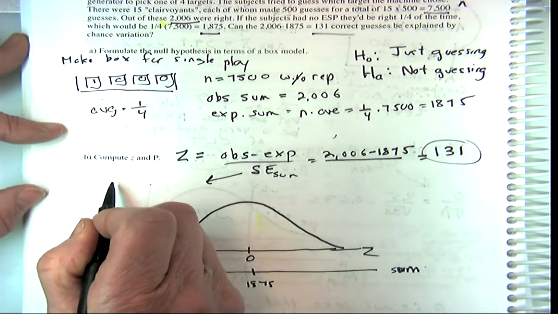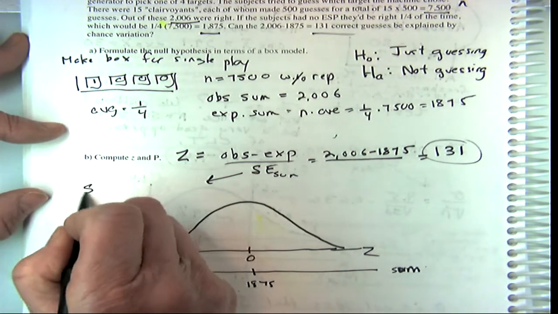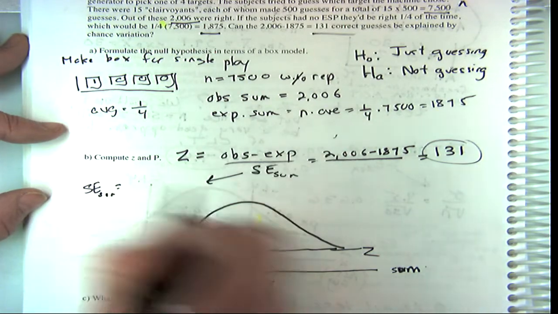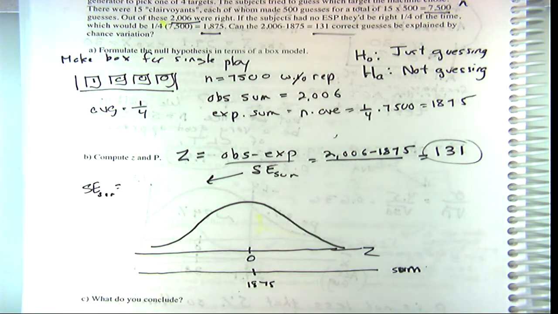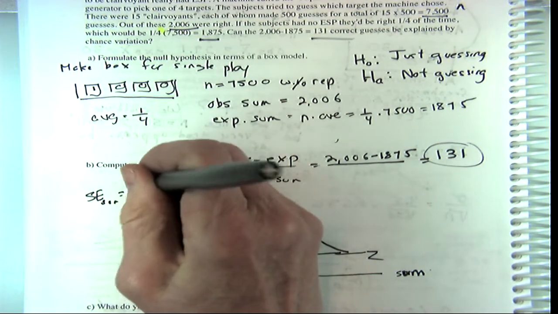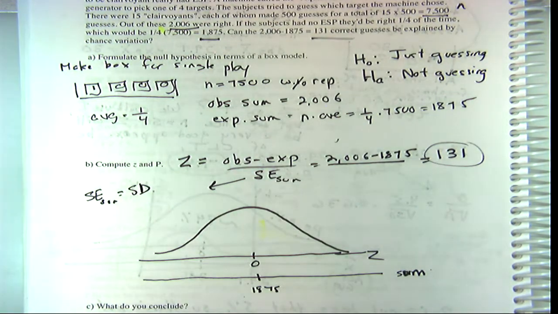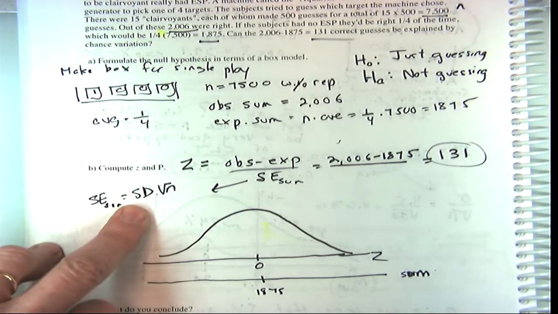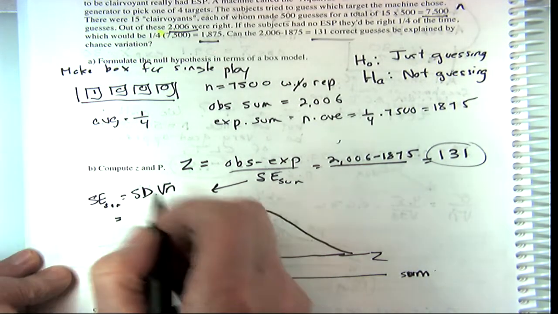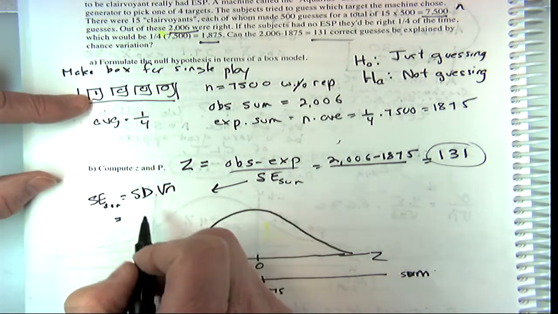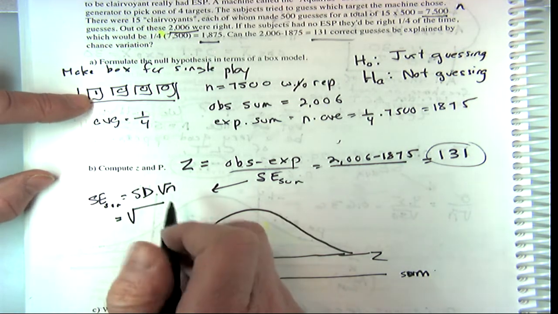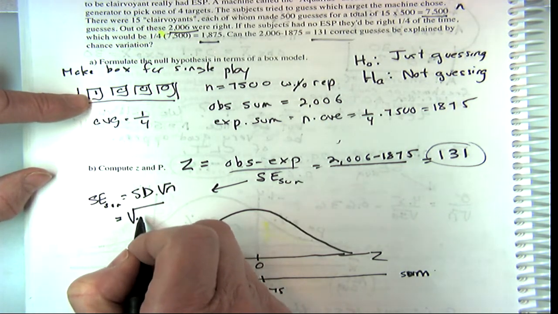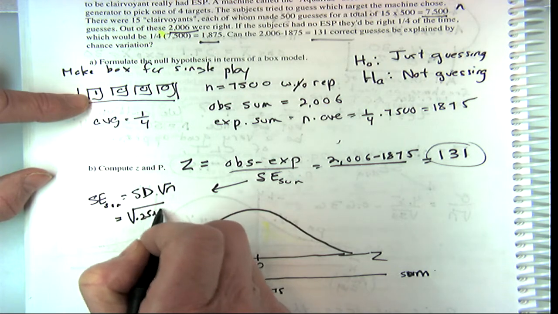Remember what that is. SE sum, let's write it down. SE is an SD, right? Now for the sum, we have the square root of n. Are we going to multiply or divide? This is the only time you multiply. So we're multiplying the SD by the square root of n. You know the SD of this box: 1 minus 0 times the square root of the fraction that had 1, 1/4 times 3/4, 0.25 times 0.75.